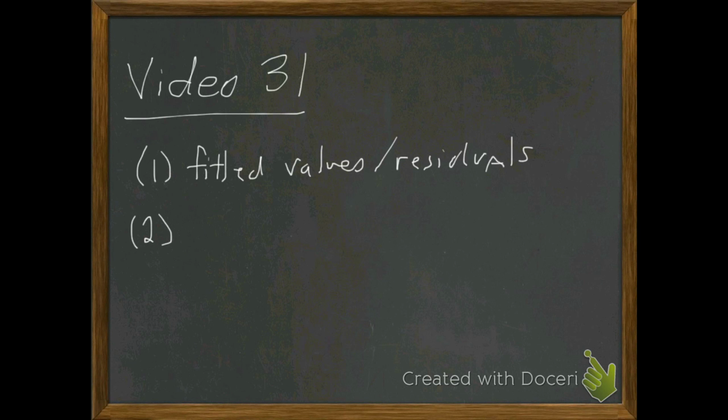The second thing is to introduce something called a hat matrix. This turns out to be a really important matrix that will not play as big a role right now, but once we get into trying to identify influential observations, it plays a big role.